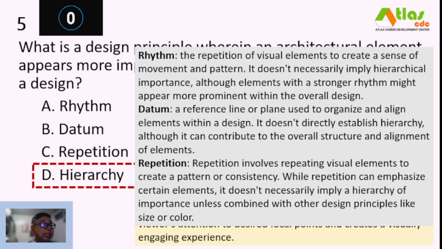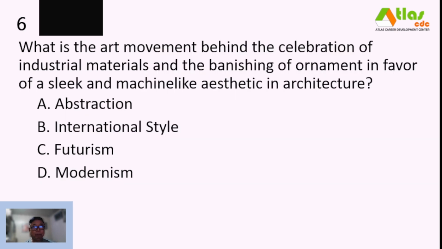It doesn't directly establish hierarchy, although it can contribute to the overall structure and alignment of elements. Repetition involves repeating visual elements to create a pattern or consistency. While repetition can emphasize certain elements, it doesn't necessarily imply a hierarchy of importance unless combined with other design principles like size or color.